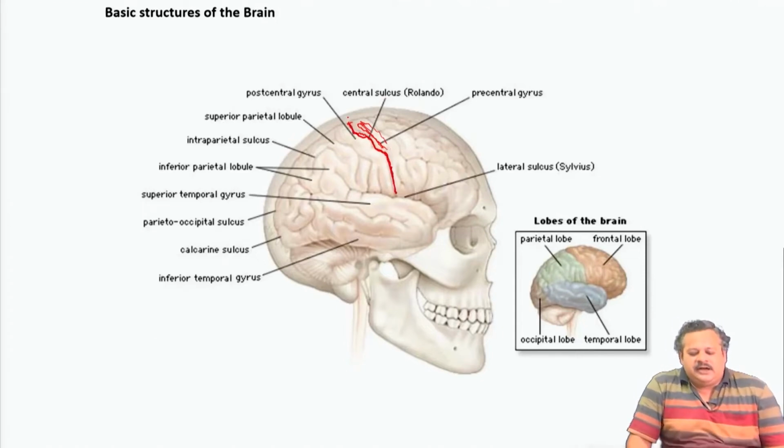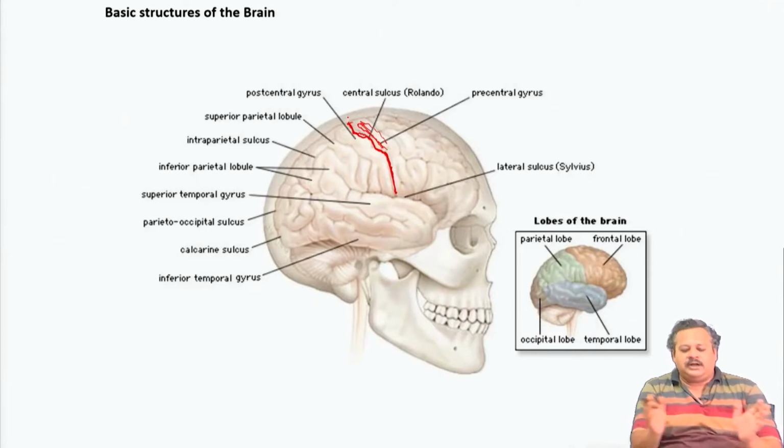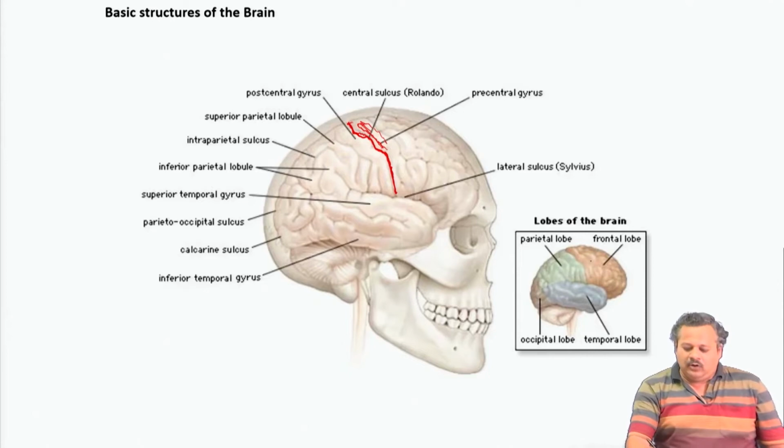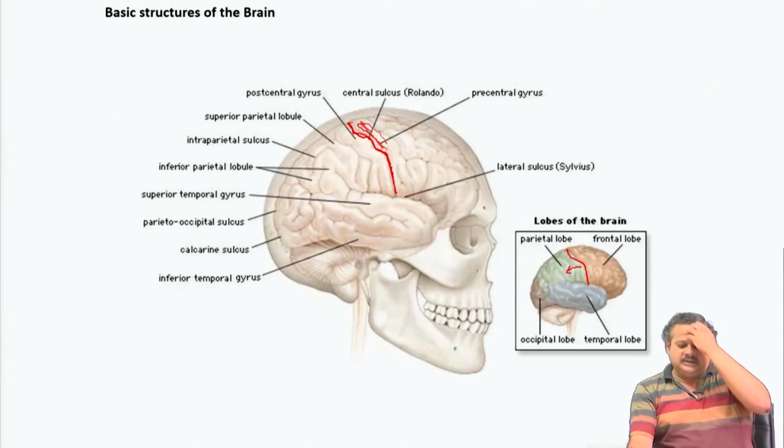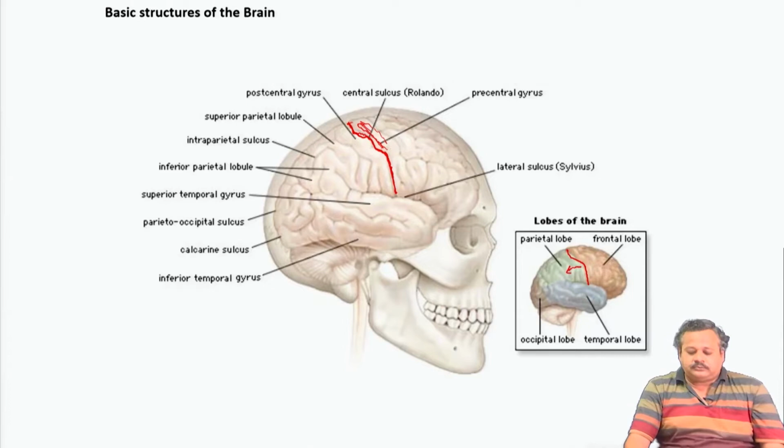The particular sulcus that I have marked is what we call the central sulcus, and it separates two very important parts of the brain, the different lobes. As you can see on the right hand side, this is the central sulcus, and the frontal lobe is anterior to the central sulcus, and posterior to the central sulcus is the parietal lobe.